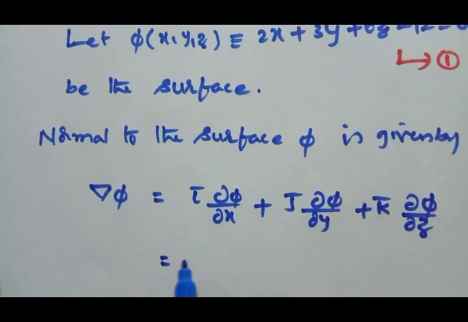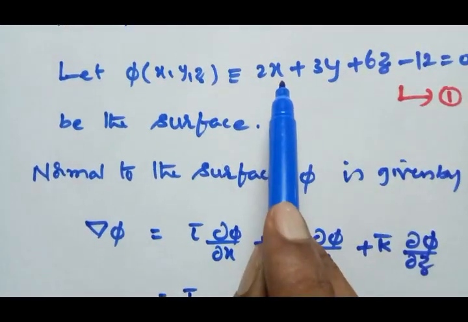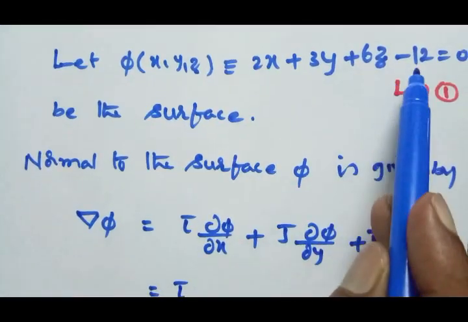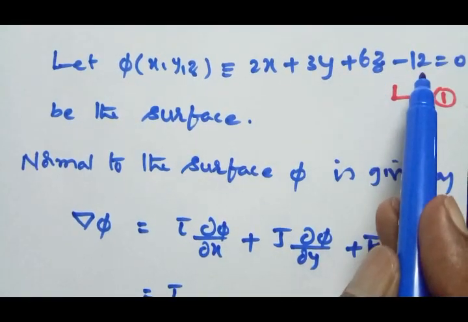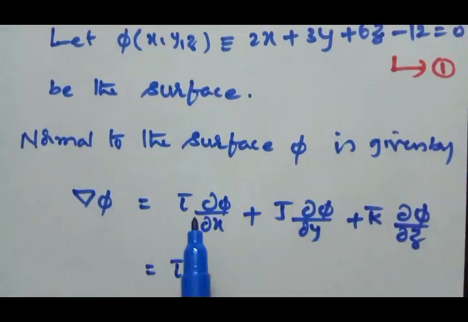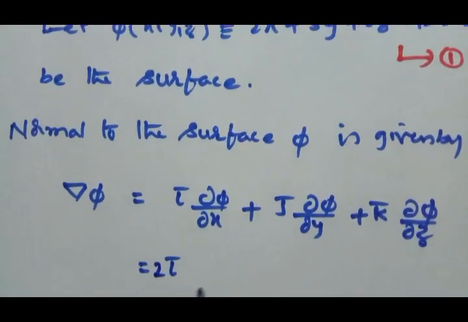Partial derivative of 2x plus 3y plus 6z minus 12 with respect to x, as y, z and 12 are constants, derivative of 2x is 2 i bar.